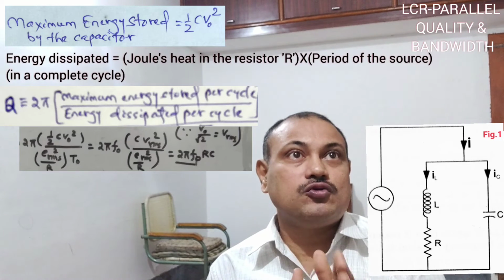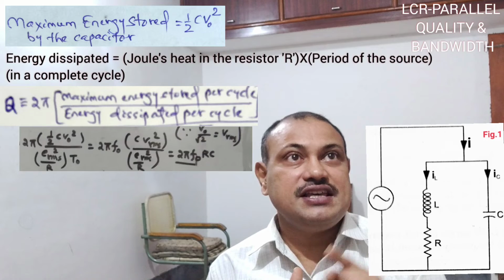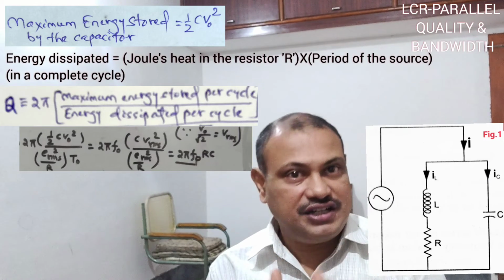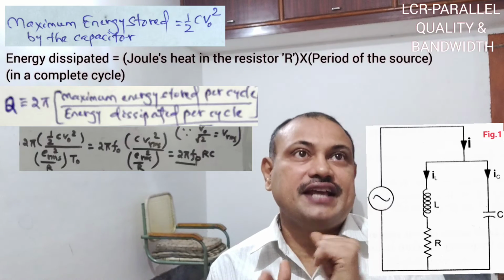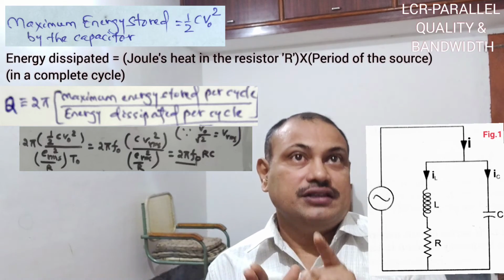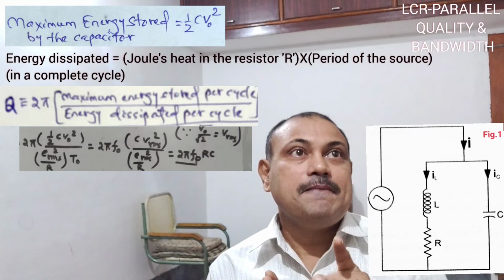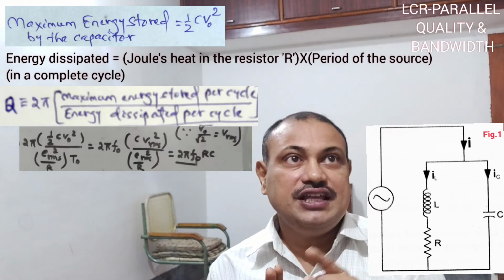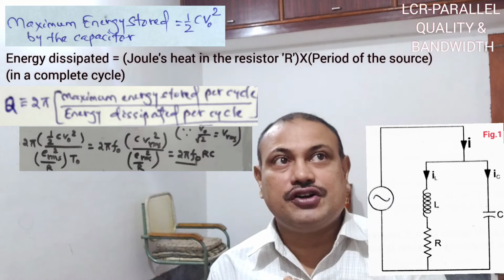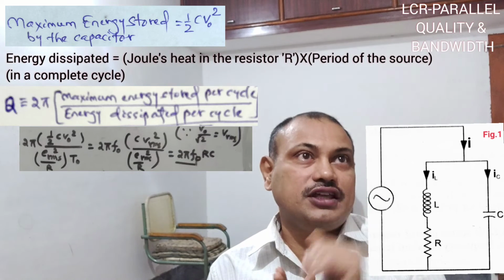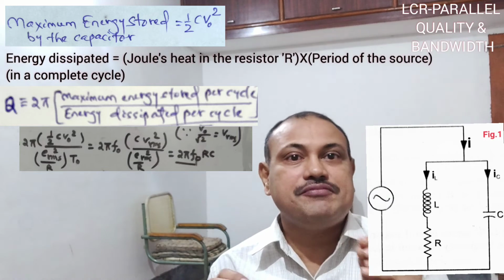That is equal to 2 pi times half C V0 square upon E RMS square by R times T0, where T0 is the cycle of the source. This can be written as 2 pi F0 times C V RMS square upon E RMS square by R, where we have used V RMS equal to V0 by root 2, and therefore Q can be written as 2 pi F0 times RC.